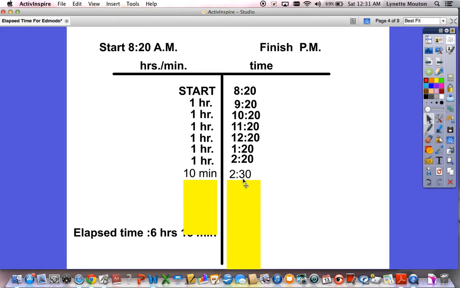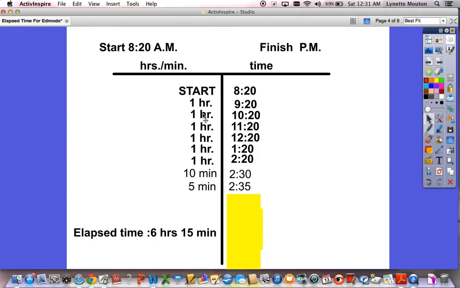And then you wouldn't want to go another 10 minutes, because we only need to go 15 minutes, so we only need 5 more minutes to have our total of 15 minutes of time elapsed. So go your 5 more minutes, and that takes you to 2:35, which is our end time because we needed to go 6 hours and 15 minutes.